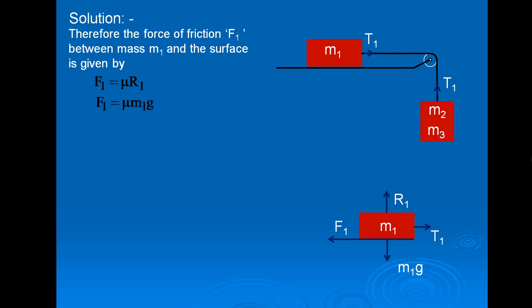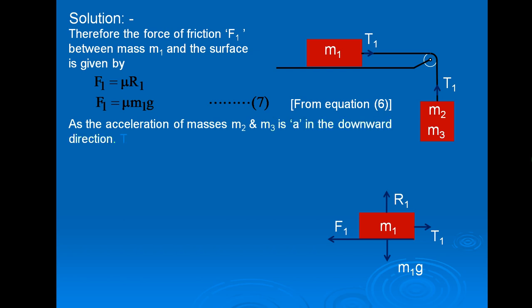Putting the value of R1, F1 is equal to mu m1g. Let it be equation number 7. From equation 6, put the value of R1 equal to m1g, F1 becomes equal to mu m1g.